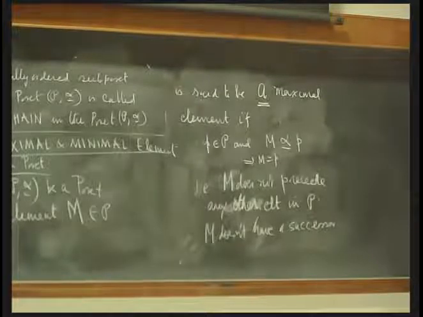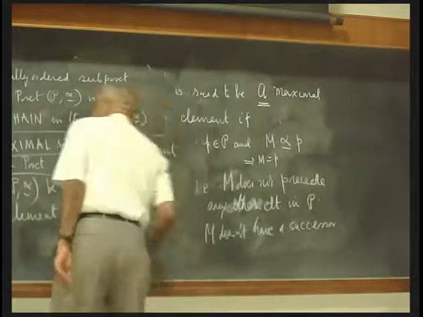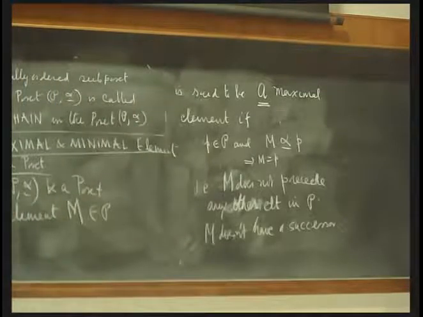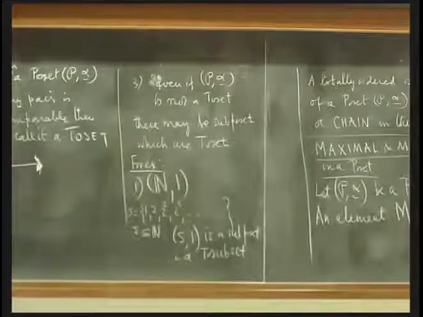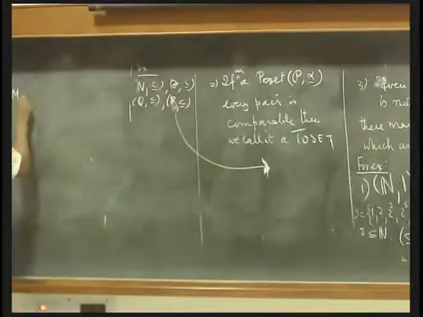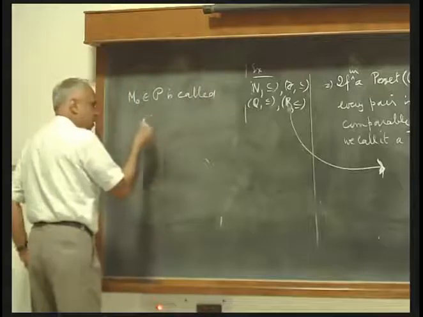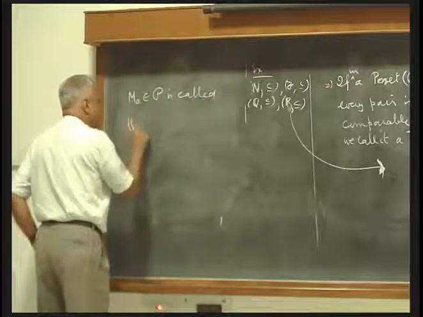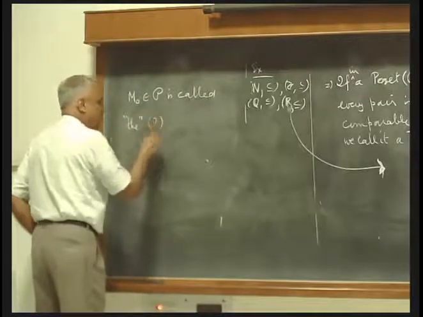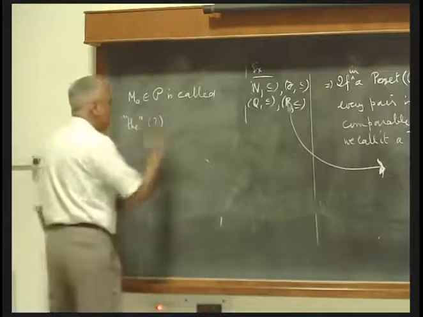Maximum means he succeeds everybody else. So let me make that. This should not be confused with maximum. An element M naught in P is called the maximum in P, I will say the maximum, there's only one maximum. I will come to these things later.